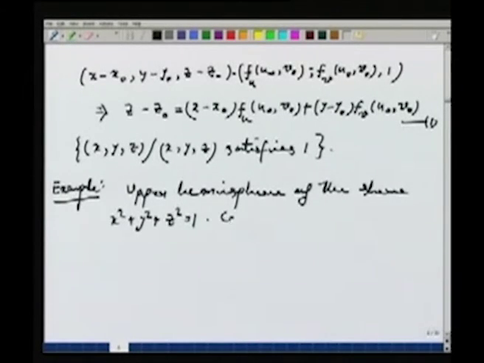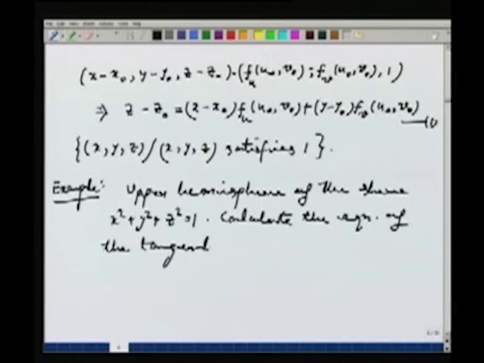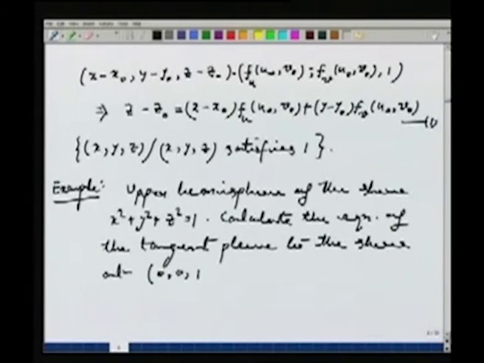I want to calculate the equation of the tangent plane to the sphere at the point (0, 0, 1).